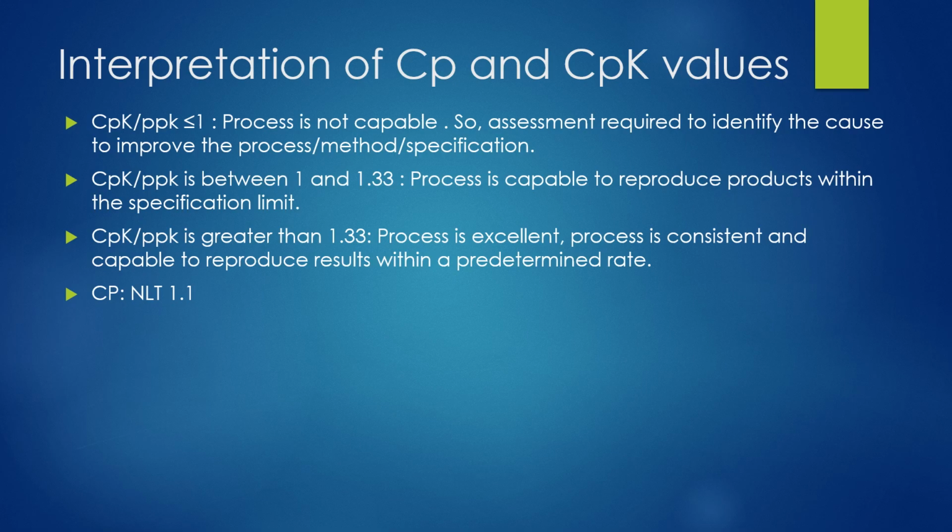Assessment is required to identify the cause and to improve the process, the method, or the specification. That means if it falls below 1, for example 0.09 or 0.98 or lower, then it clearly says that the batches manufactured during the year are not within the standards or specifications, and are not producing as required.